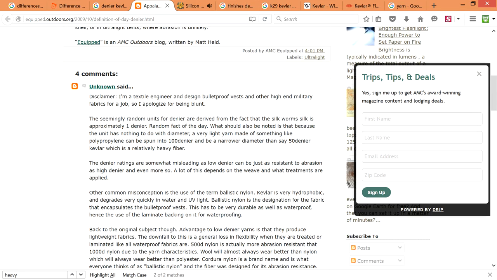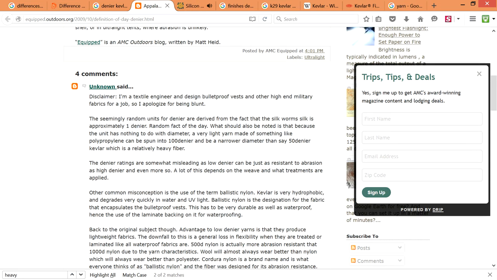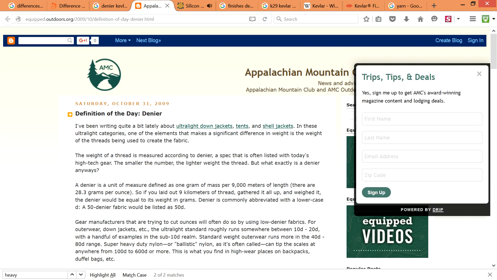So in this case, I would think that the smaller the value, the heavier it is. Let's think about it, because I just realized it's somebody's comment, not the actual one. So it depends, because a denier is a unit of 1 gram of mass per 9,000 meters. If it's 50, then it's 50 grams per 9,000 meters, and things like that. So I think it all depends.